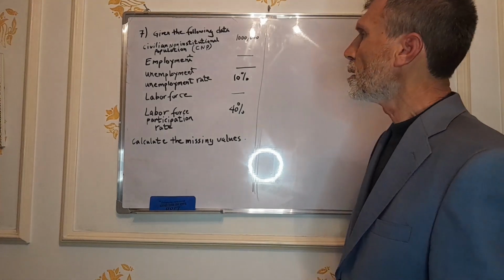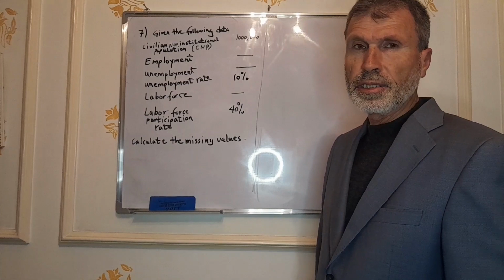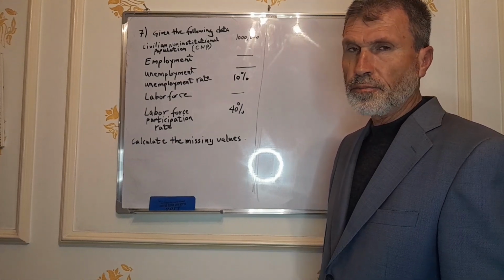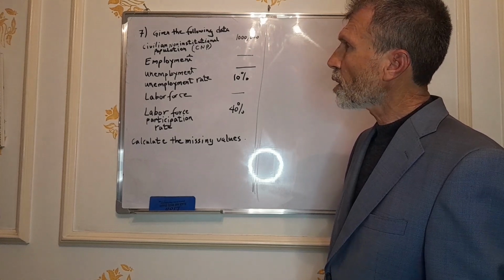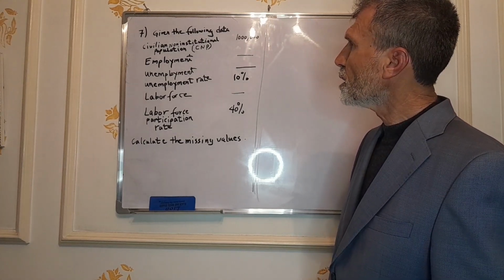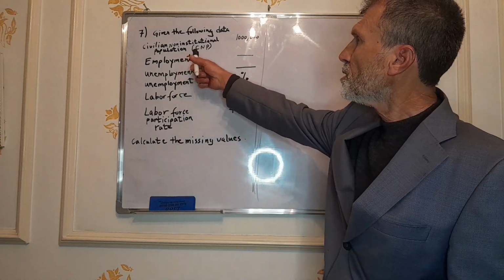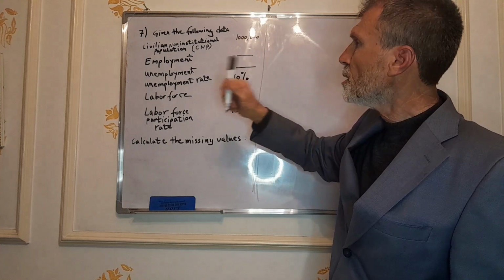Okay, now we go and solve some problems regarding the unemployment part of the chapter. Problem number 7 says the following. Given the following data, civilian non-institutional population, CNP, is 1 million.